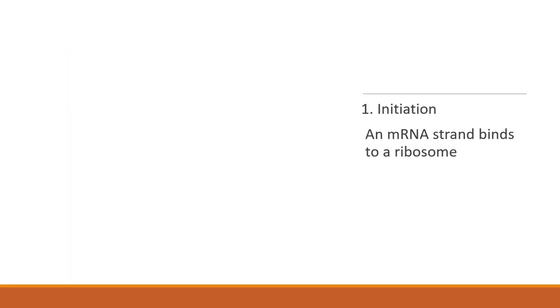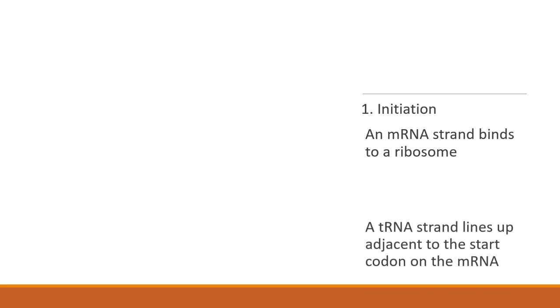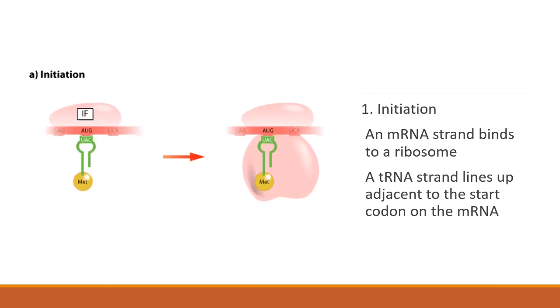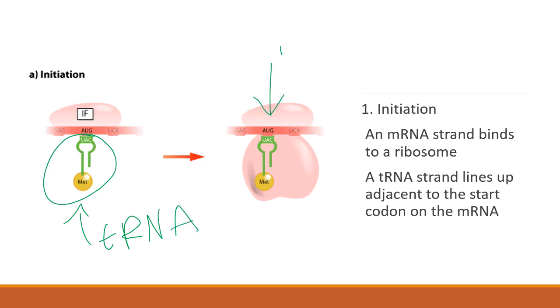Let's talk about the different steps of translation. It's really the same as transcription, just different. The first step is initiation. In initiation, you have this little thing here. This thing is a tRNA. And this pink thing here is an rRNA, aka a ribosome.